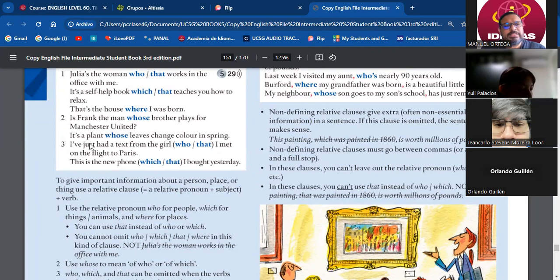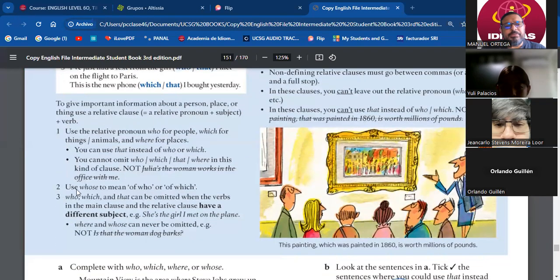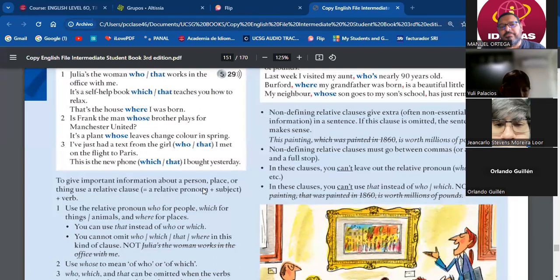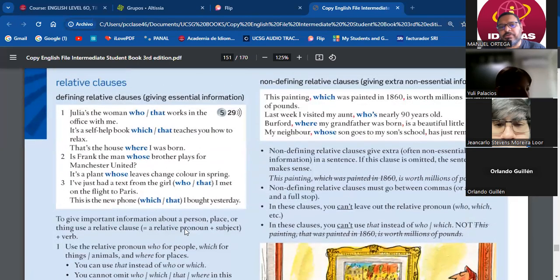Number 2, it's a plant whose leaves change color in spring. When you use whose, here you have the reasons. Number 2, use whose to mean of who, of which. De quién o de cuál. Of who or of which.